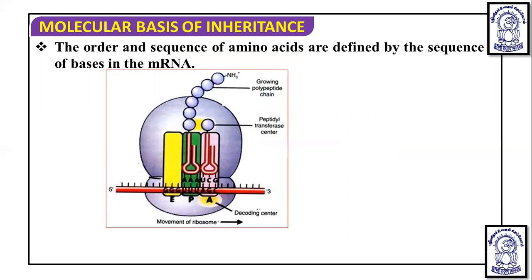Dear student, in this whole structure we can see the peptide bond between the two amino acids, and this is the growing polypeptide chain. This is the peptidyl transferase center, meaning the growing polypeptide will be transferred from here to here. This is tRNA. This is the large subunit of ribosome. This is the small subunit of ribosome.